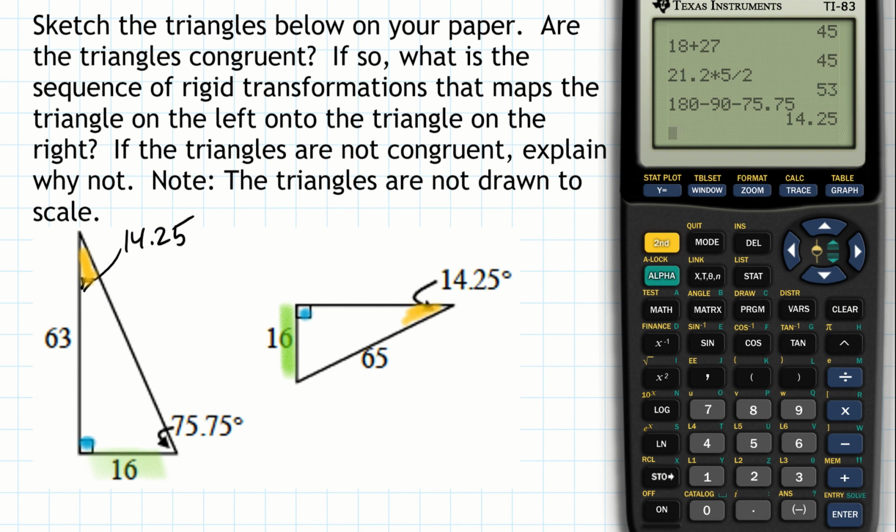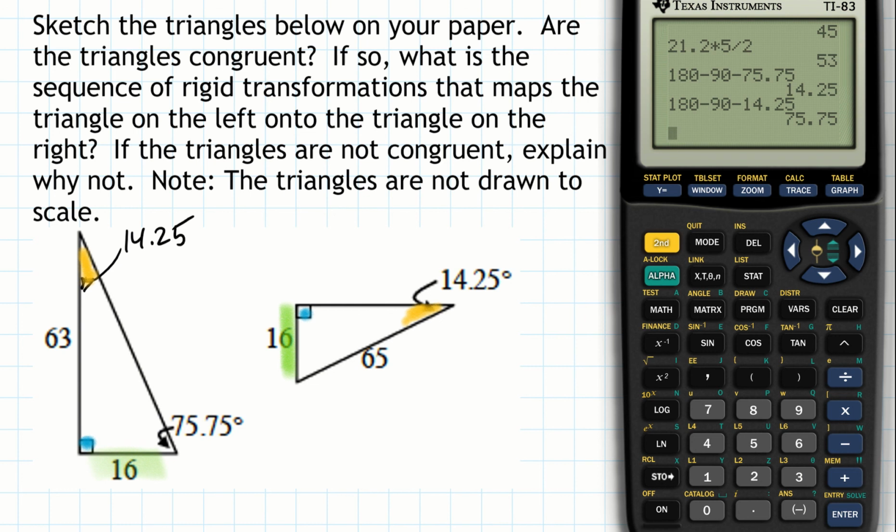So now I've got two, well, actually, don't I have all three angles? I think so, because if I come along and do the same thing on the other triangle, if I take the 180, all the angles in the small triangle that appear small, I don't think it's any smaller, and I subtract the 90 from that, and then I subtract the 14.25, you can see that I end up getting 75.75.